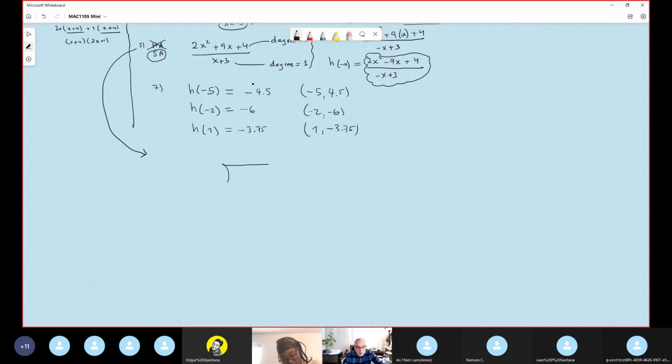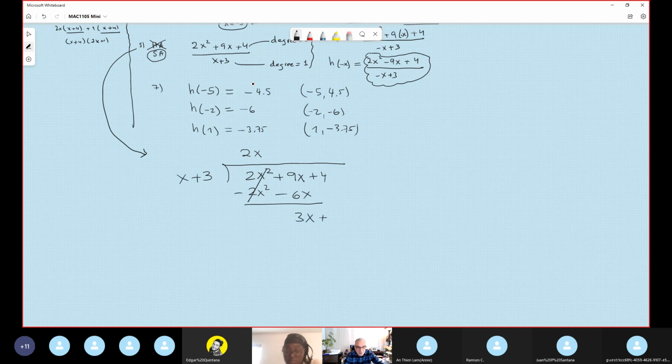You divide this polynomial, 2x squared plus 9x plus 4, divided by x plus 3. It's 2x, because 2x times x is 2x squared. By subtracting, change the sign. And this is 6x positive, but by subtracting, change the sign. It cancels, 3x. Finally, bring down 4. We don't finish, of course. You finish when the degree of the remainder is smaller than the degree of the divisor.